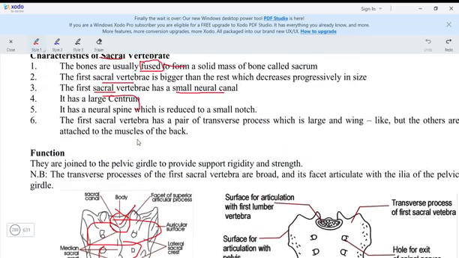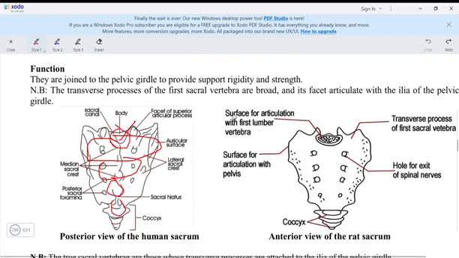Then another point is it has a neural spine, but its own neural spine is reduced to a small notch. Instead of pointing up, its own neural spine is just reduced to something very small. And that's all these tiny things you are seeing here. So they are representing neural spine.